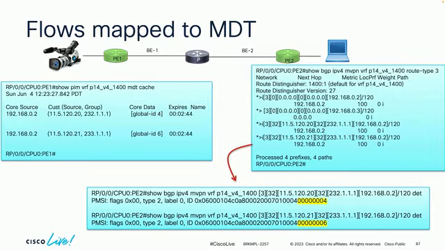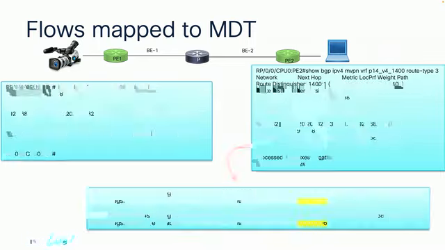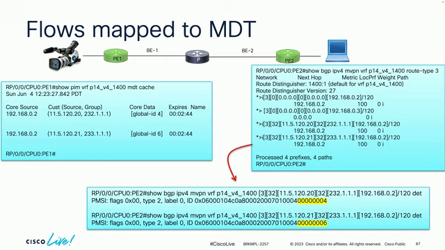Now with data MDT, I will get the SG entry as well as route type 3, which is going to carry this particular ID, the ID which we had decoded. These IDs are nothing but the underlay tree IDs, that is how exactly you will be joining the underlay tree. If you want to verify this mapping, it can be verified using the MDT cache, where we map which customer flow is mapped to which global ID.